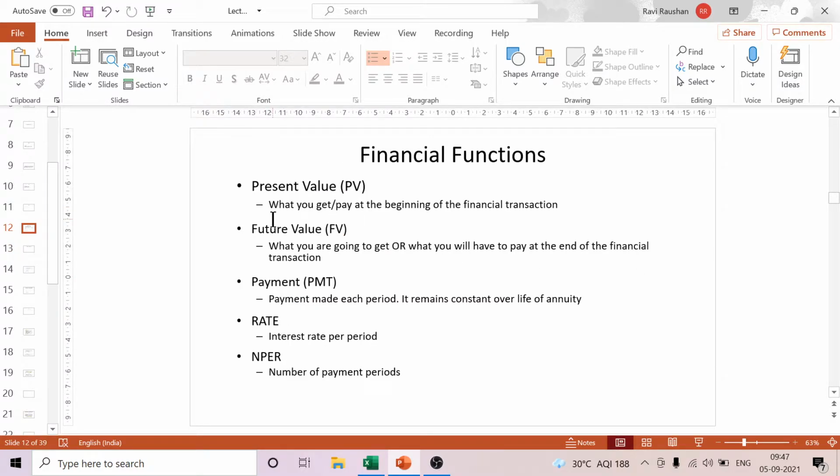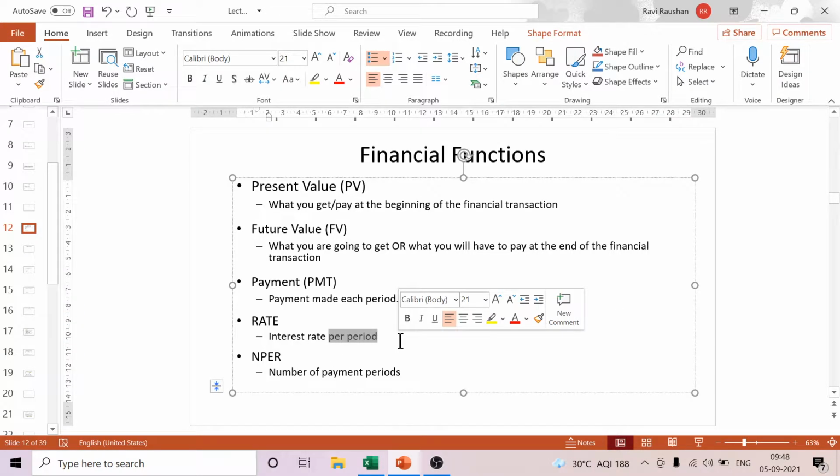The present value, what you get paid at the beginning of the financial transaction. Future value, what you are going to get or what you will pay at the end of the financial transaction. So this is about the beginning of the financial transaction. This is the end of the financial transaction. PMT, as we said, is the payment made at each period, it remains constant over the life of the annuity. It won't change. Rate, interest rate per period.